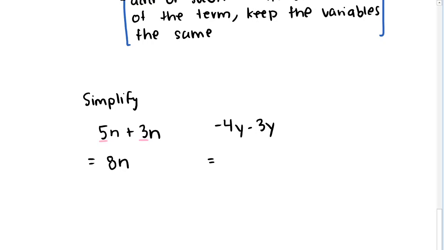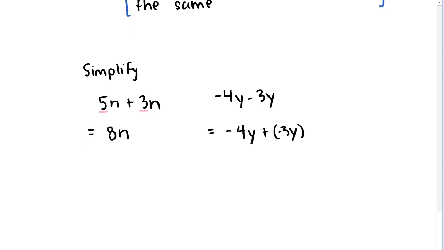To subtract these coefficients, maybe I'll write this as an addition problem because it might be easier to perform addition than subtraction. Negative 4y plus negative 3y is the same as the subtraction problem we see above. Because they're like terms, I can combine them, adding these two together to simplify this expression.